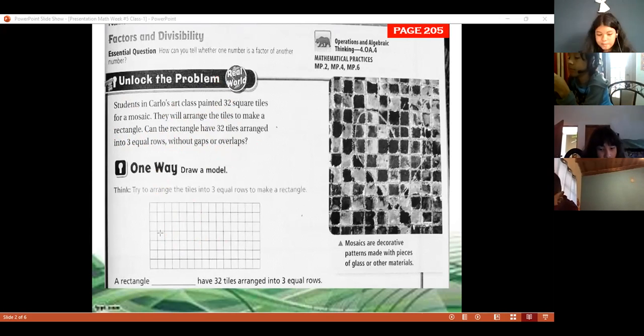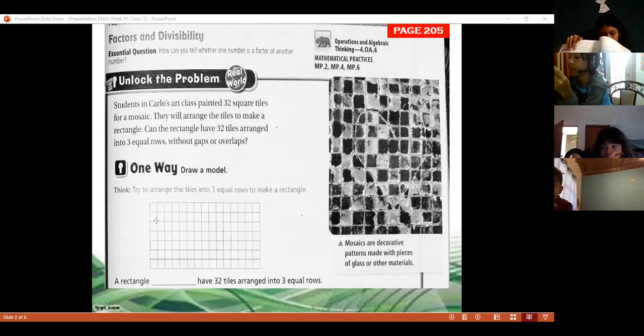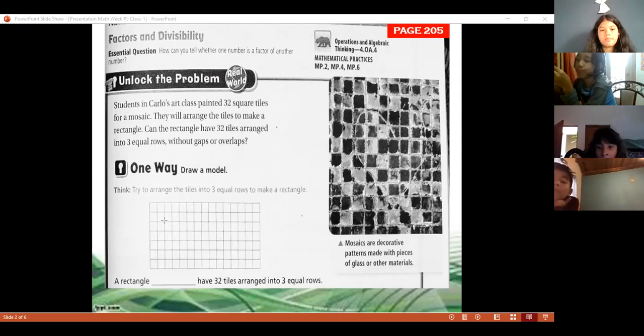So we have 1, let's see here. Okay, let's see. 1, 2, and 3. I have my 3 rows. And now I need to make here 32 square tiles because it says there are 32. I have 3 here. Now, how can we solve this?